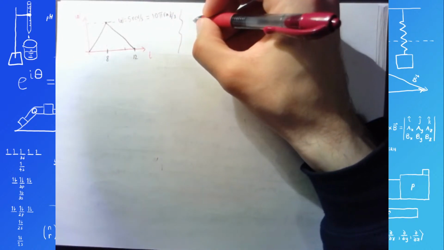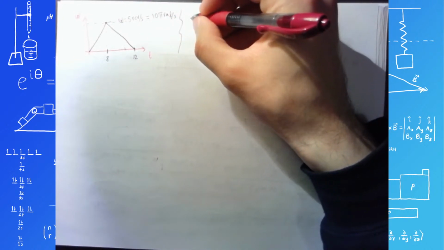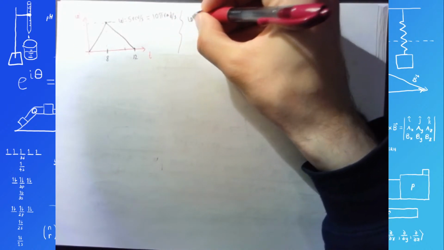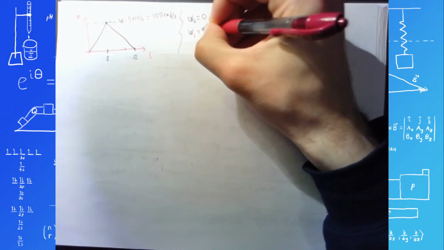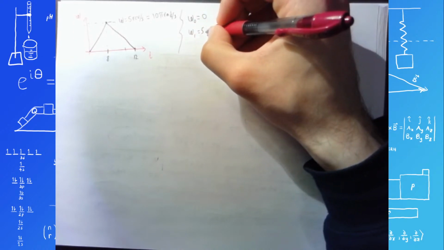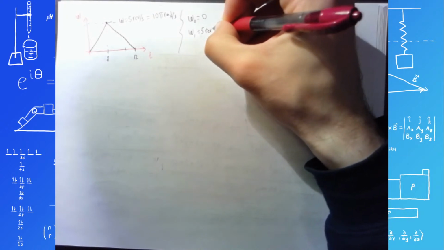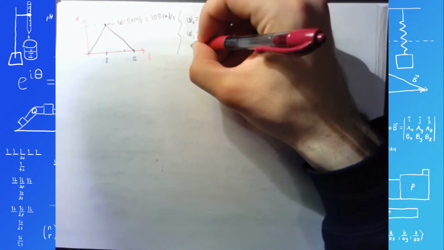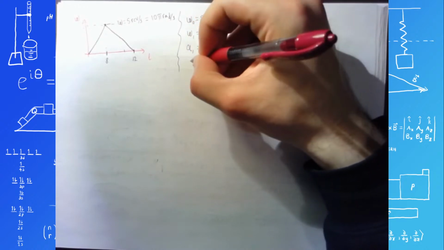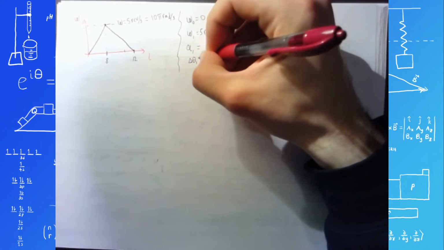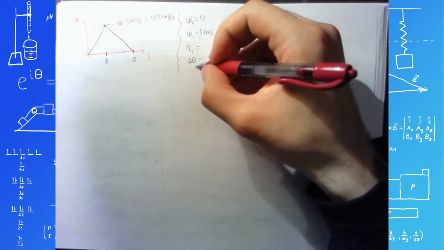So we have, let's see, omega 0, I'll call it, is 0. Omega 1 is 5 revolutions per second. Angular acceleration 1, we don't know yet. Angular displacement 1, we don't know yet.